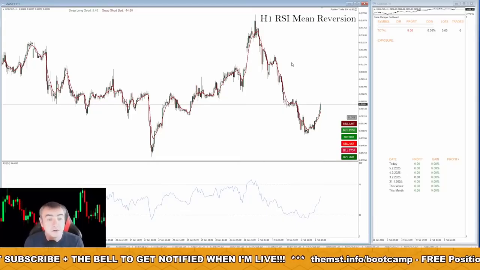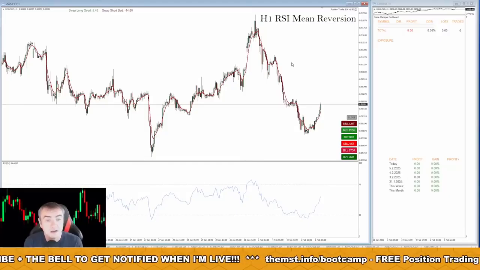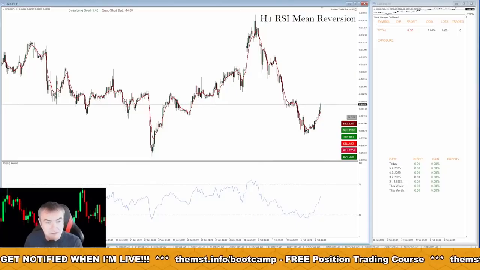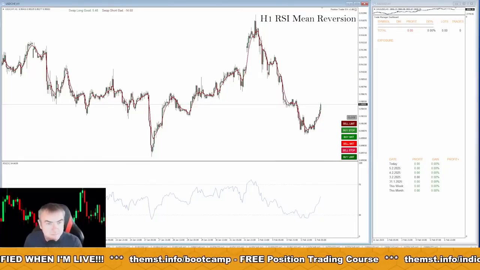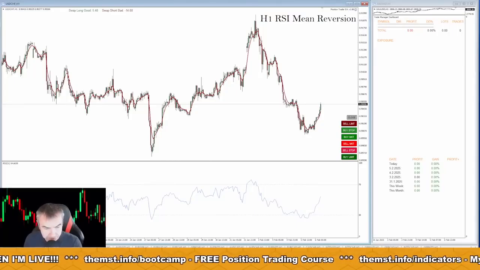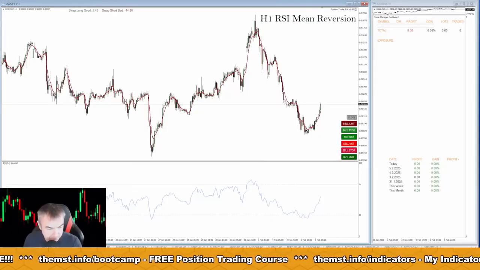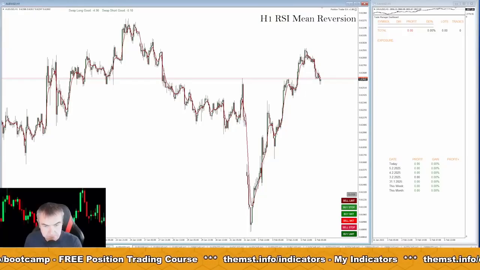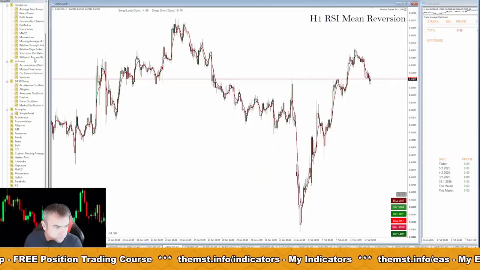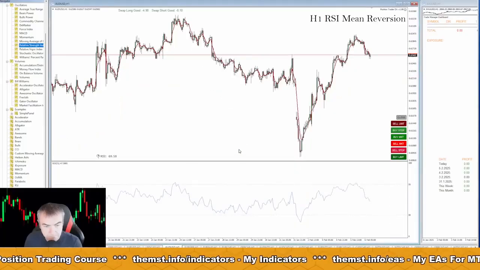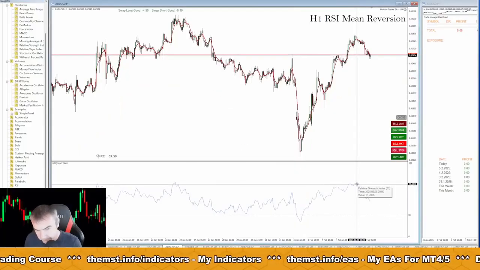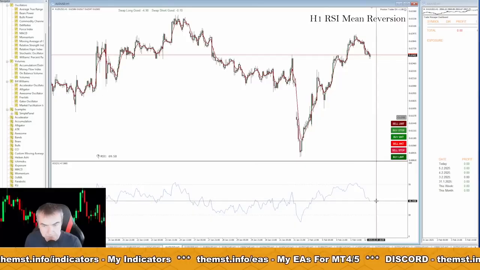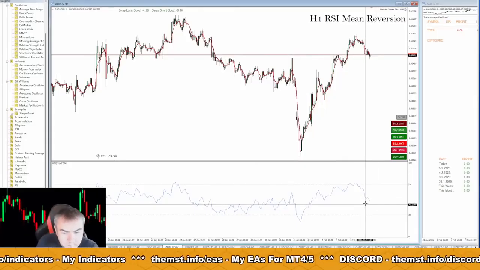Yes, on Axie, I am on US dollar Swiss, Aussie New Zealand, Aussie US, and New Zealand dollar US dollar. 70.30 H1 RSI. That's not working either.